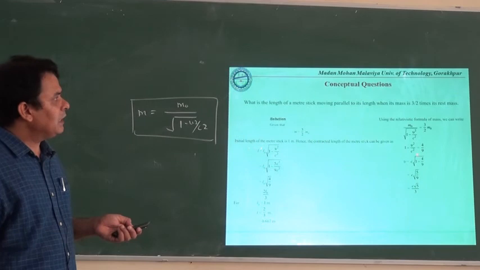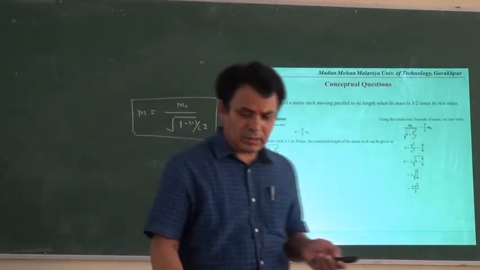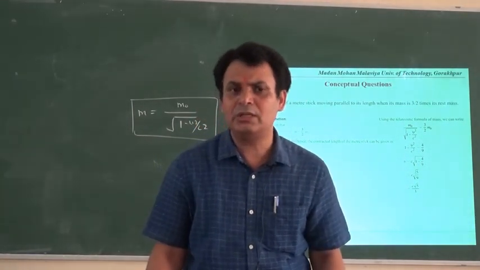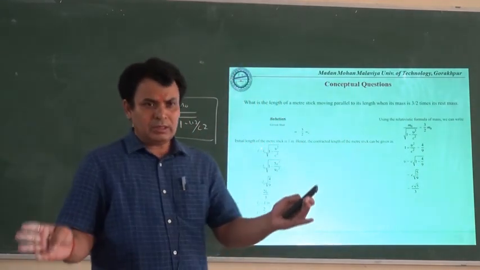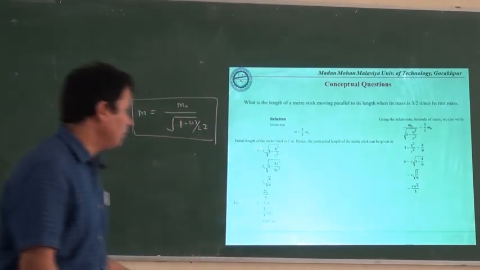upon 3. One task has been given: if a stick is moving with such a velocity by which its mass changes by a factor 3 by 2, then how much shrinking, how much contraction in the length of the rod will there be?